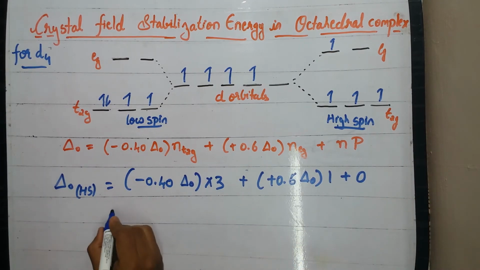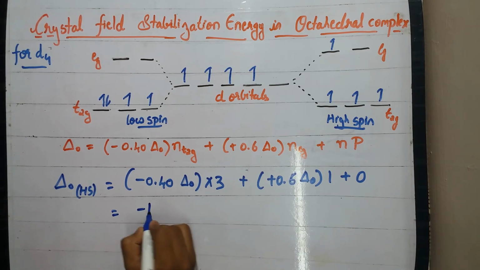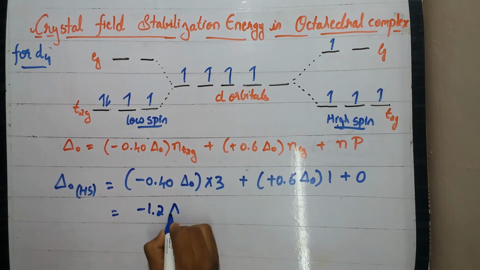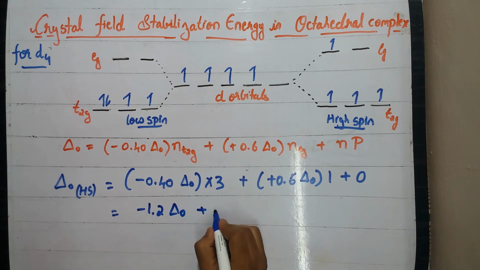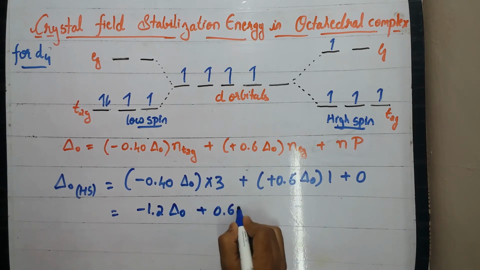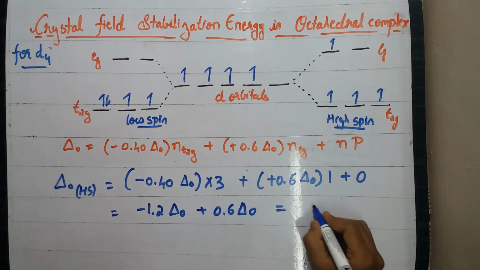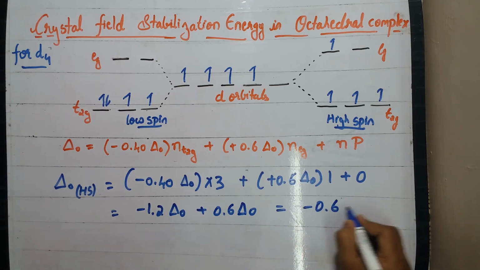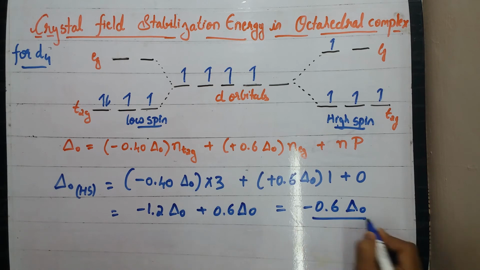It would become minus 1.2 delta naught plus 0.6 delta naught. So the CFSE would become minus 0.6 delta naught. So this is how we calculate the CFSE for both low spin as well as high spin complexes.